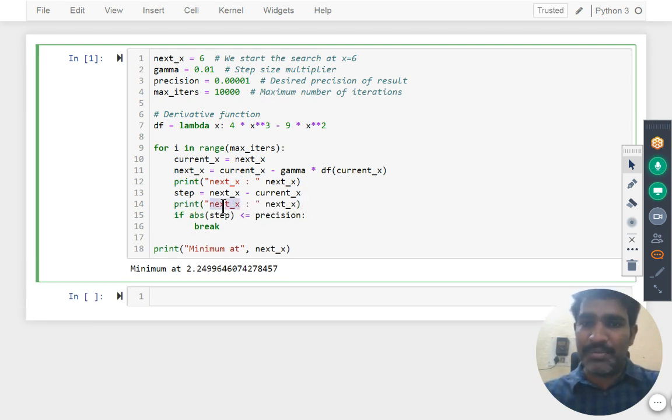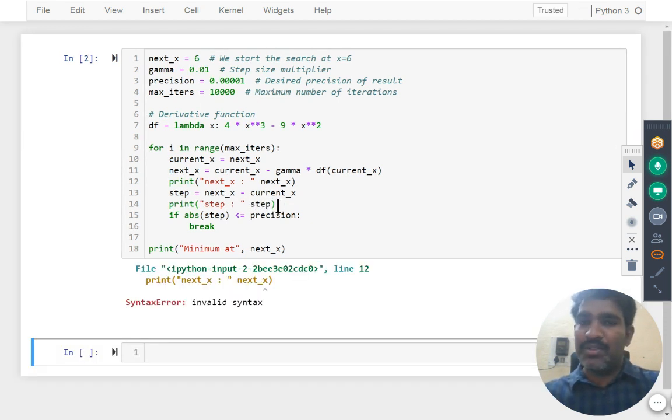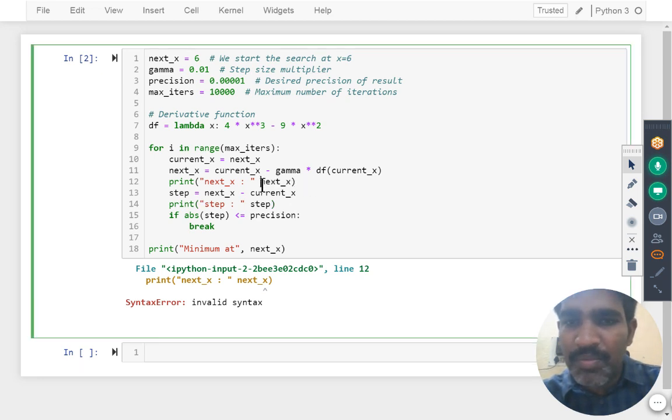So I am putting here step size and the step value I wanted. Before and after print statements. Before step you have to give one. Invalid syntax. Next underscore x, comma. Oh, okay. These commas are missing.